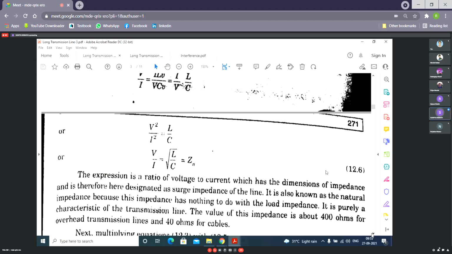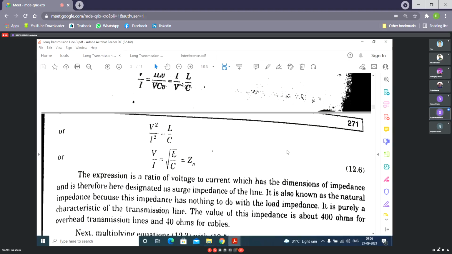The value of the impedance is about 400 ohms for overhead transmission lines, and 40 ohms for cables. Why? For cables, the epsilon is higher. You know what L is: 2 into 10 to the power minus 7 ln of d by r dash, and C also you know from there.